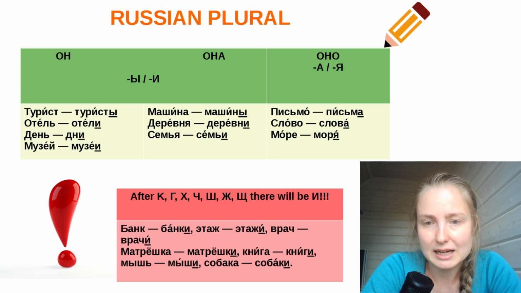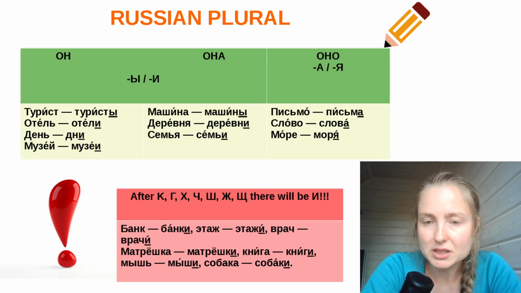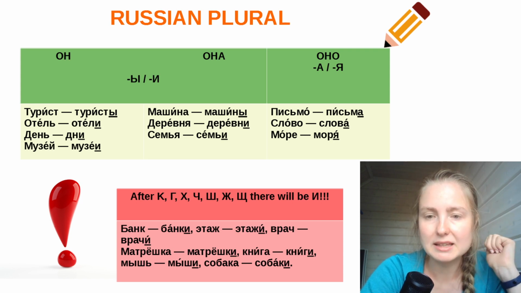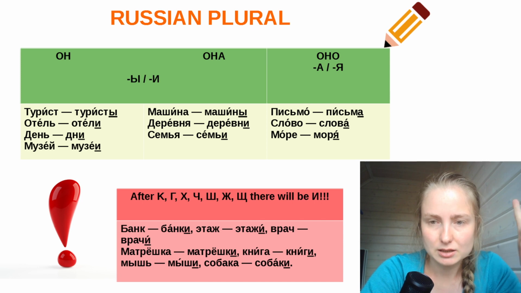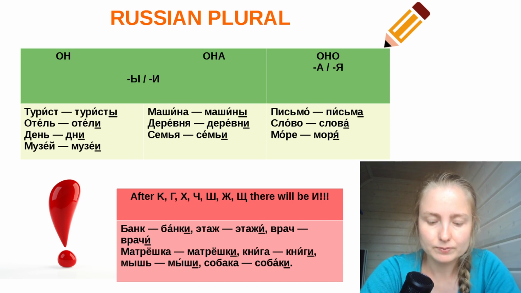So деревня, деревни, семья, семьи. Деревня means a village, семья means a family. Одна деревня, много, many деревни. Одна, one family, семья, много, many, семьи.